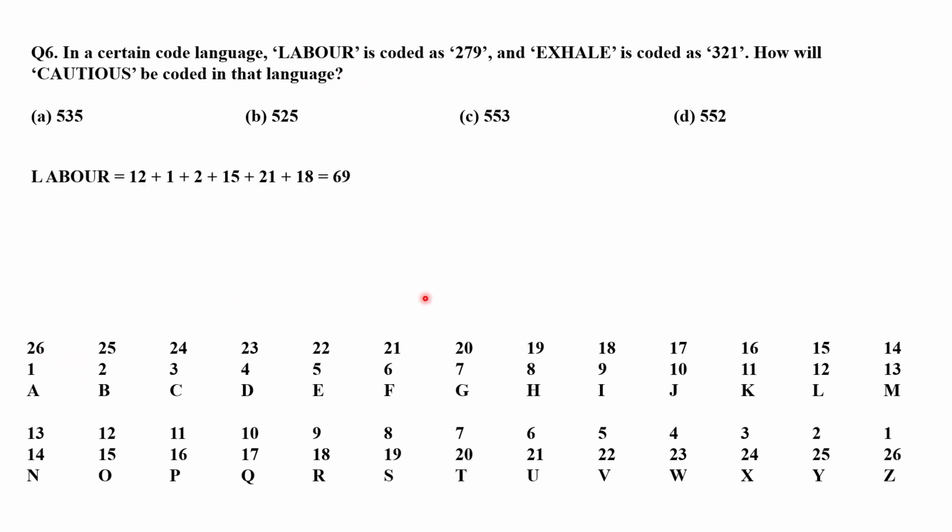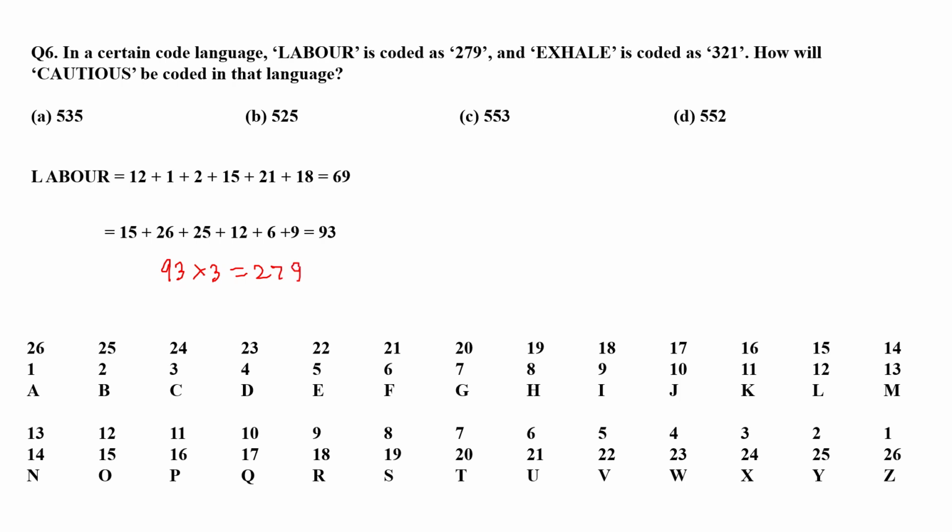Now for labor, consider the alphabetical order in the forward direction, with A as 1. L is in 12th place, A is in 1st place, and like that I got 69. But I am not able to find any relation between 69 and 279. So now let's take the reverse order. From there I got my sum as 93, and when I did 93 into 3, I got 279.